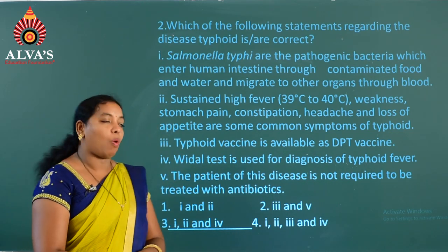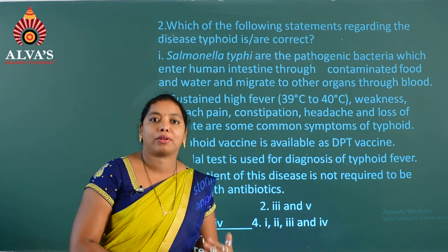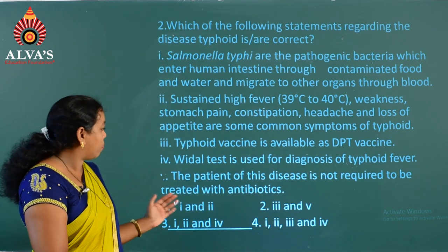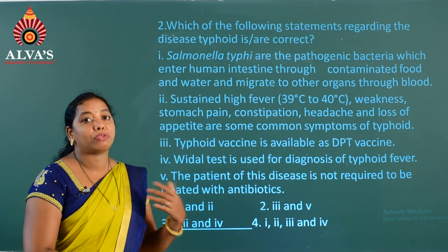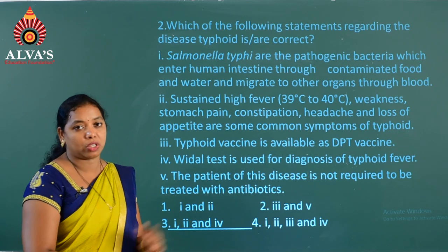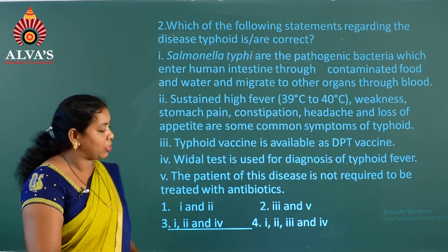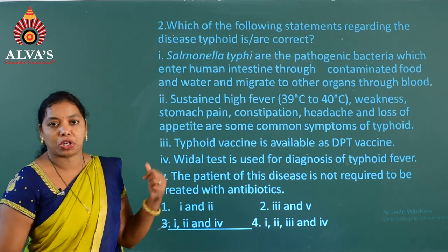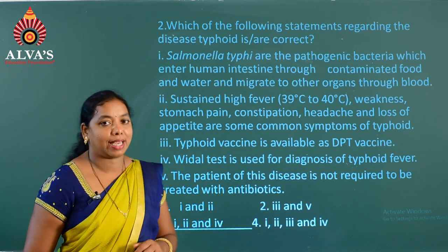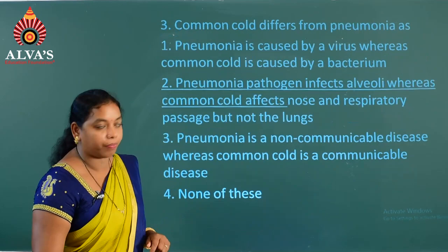The fourth one, that the viral test is used to diagnose typhoid, is true. The fifth one, that the patient is not treated with antibiotics, is completely wrong. Hence, for question number 2, the answer is option 3.